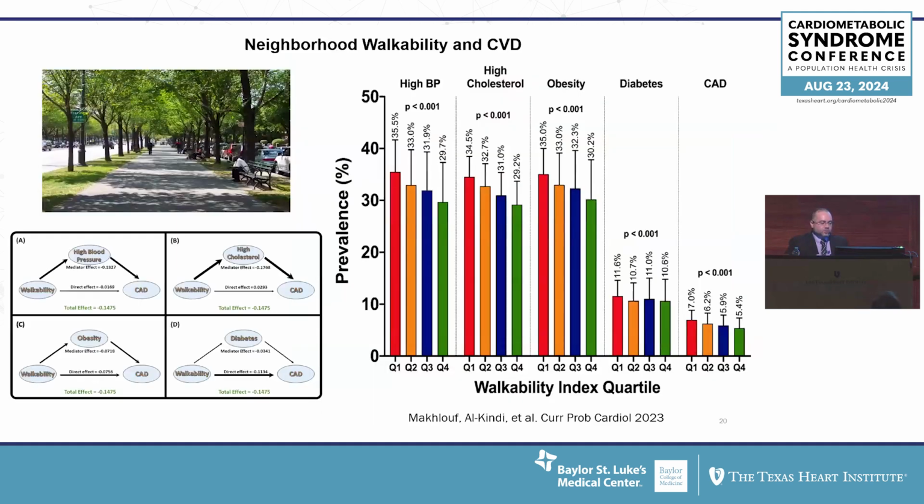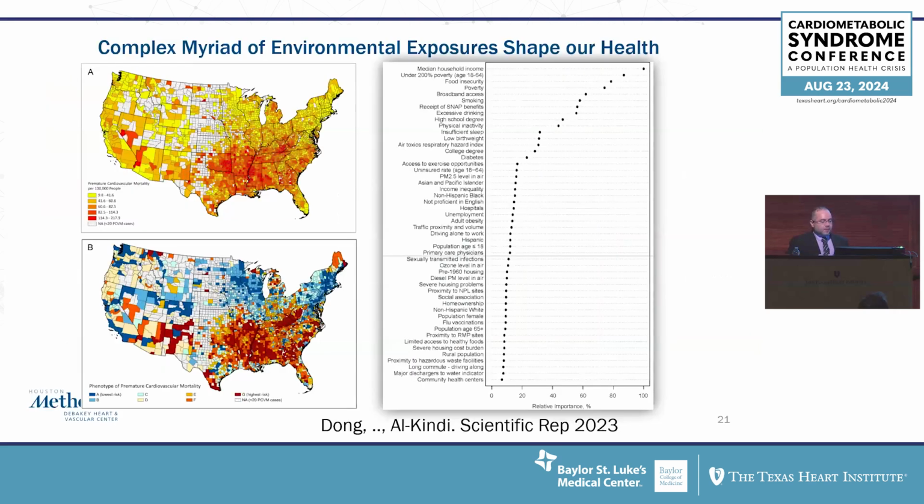And some of these things include walkability. We've done this national study looking at how walkability is associated with cardiometabolic disease, and you can see the more walkable the neighborhood, after adjusting for various risk factors, the lower the likelihood of developing high blood pressure, high cholesterol, obesity, diabetes, and coronary disease. And now there are novel geospatial methods that allow us to integrate all of these factors together.